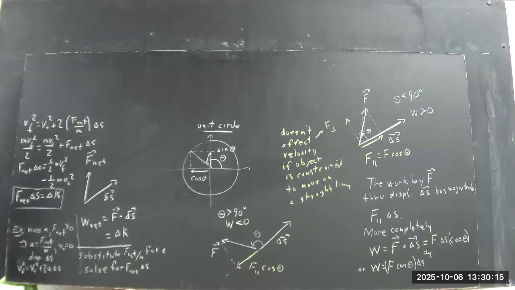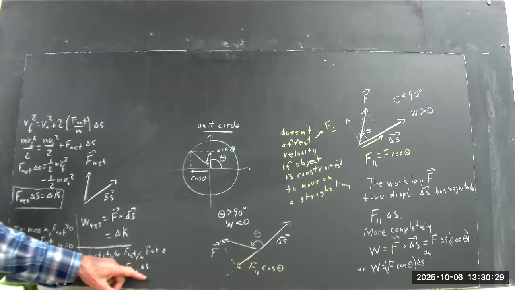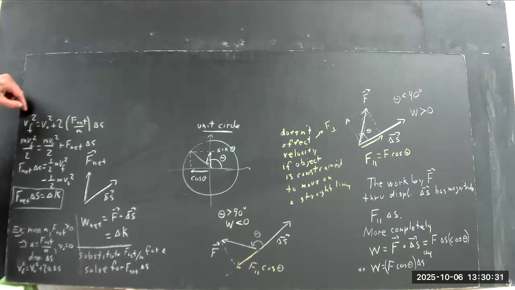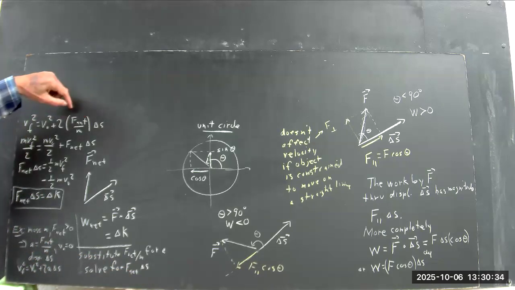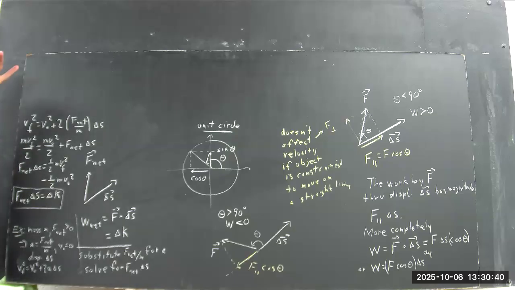Displacement is delta S. So we write the fourth equation, VF squared equals V naught squared plus 2A delta S. Substitute F net over M for the acceleration and solve for F net delta S. Here's the equation. Instead of A, we write F net over M. Multiply the equation by M over 2, and that'll isolate F net delta S here.